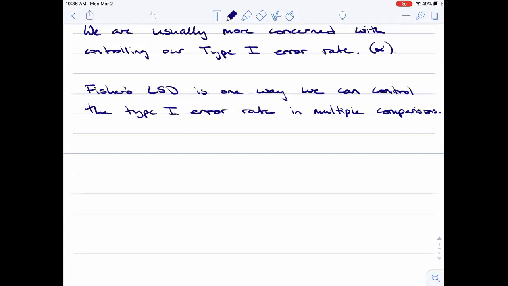And like I said, we'll come back to this and we'll look at other ways to control it, but the one we're going to start with is Fisher's LSD. Okay, so what is our LSD? LSD is just going to be a number, right? So it's going to be a distance that we compare to the difference between the means that we want to compare.